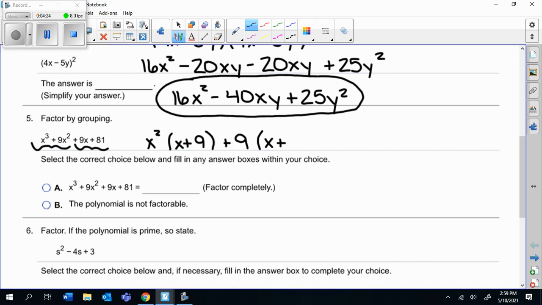I'm left with x plus 9. 100% of the time, these two should match. So if they don't match, chances are you've done something wrong. And so then we have x squared plus 9, which is not factorable. It would be if it was a negative. And then x plus 9.